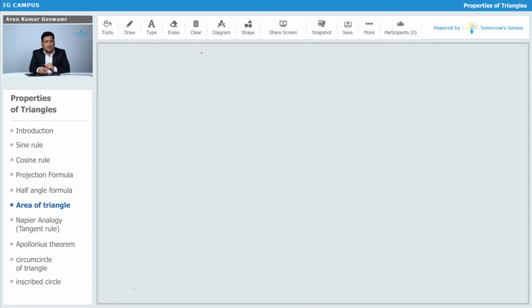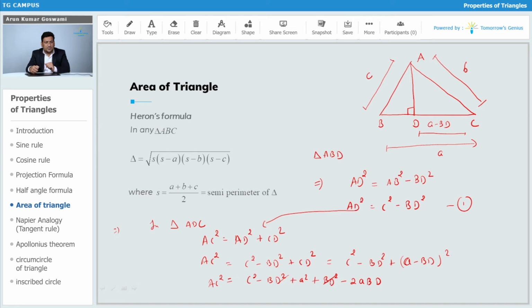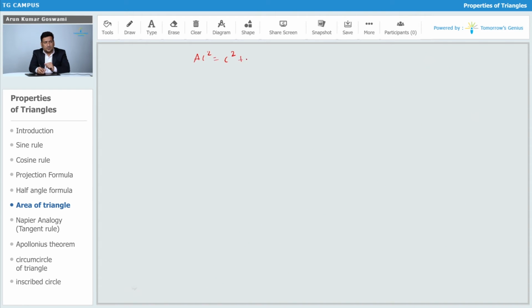Now what is left? AC square is equal to c square plus a square minus 2aBD. This is what we got from this. AC square, from the triangle you can see, is b square.